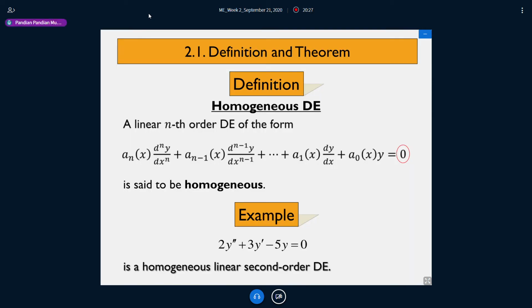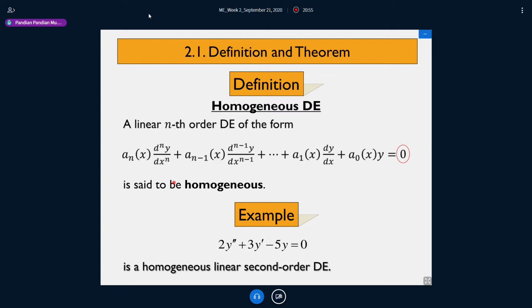Now we move on to homogeneous differential equations. Homogeneous differential equation, and the next one is non-homogeneous differential equation. We generally form the nth order. The form is very important. N is this part, a_n d^n x.